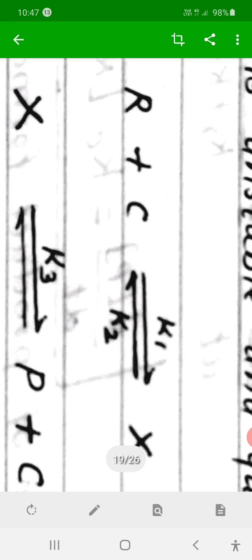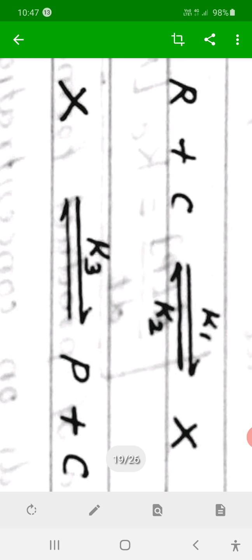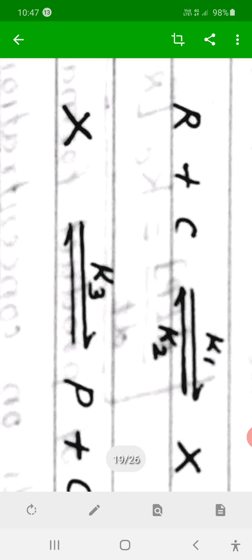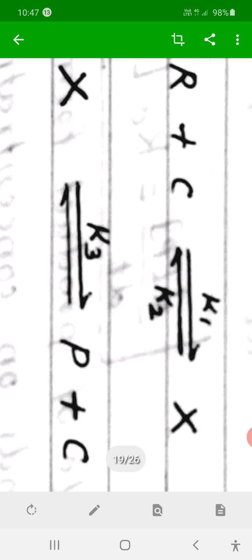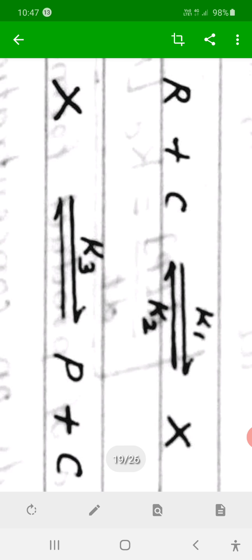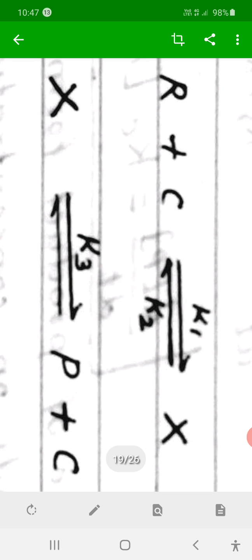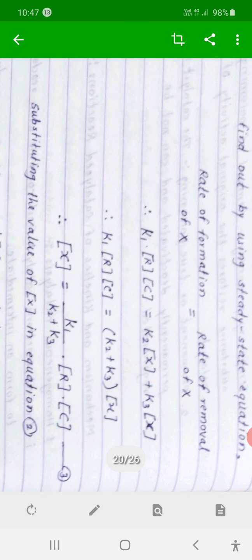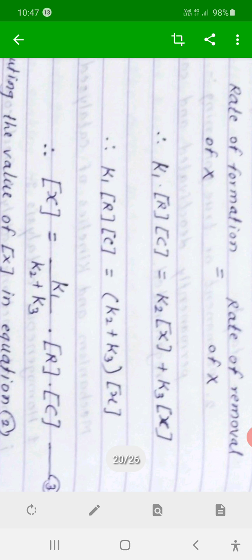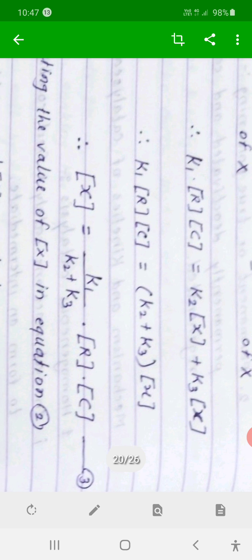Then another way of removal of X is K3 into concentration of X, that is product generation. Thus the rate of formation of X is equal to the rate of removal of X. Removal of X is by two ways, while formation of X is by one way only.